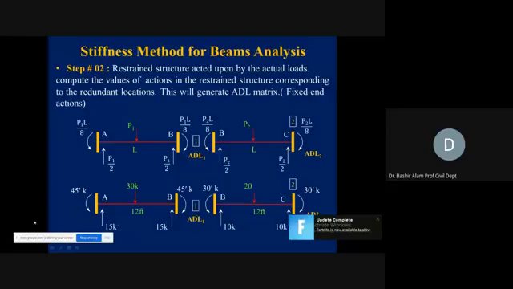That is why we are writing all the member end actions. Let's assume the vertical reaction VA I want to find out, which will become my AML1 now. So AML1, let's say it is the support reaction at A in the actual structure. So my AML1 will become this 15 now. This will become my AML1 value.